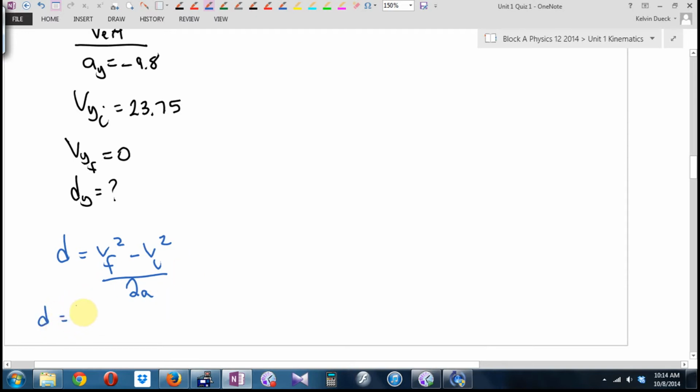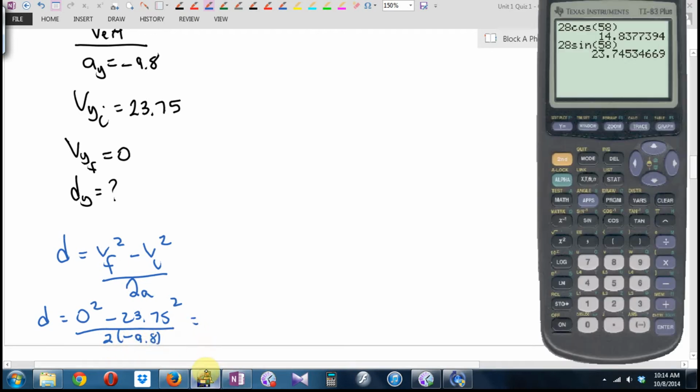D equals 0 squared minus 23.75 squared all over 2 times negative 9.8. Bracket 0 squared minus, answer button squared, all over bracket 2 times negative 9.8.